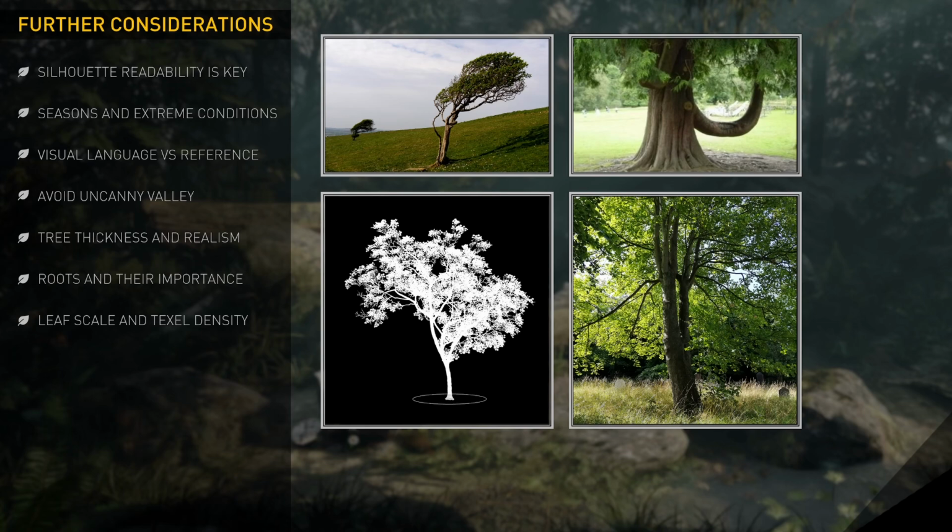Roots is also something I briefly wanted to mention because it is something that is often overlooked. Roots are super important to ground your assets and make them feel like they belong in the environment. What you can often see, especially in older games, is that trees are just stuck into the terrain and the connection isn't there.